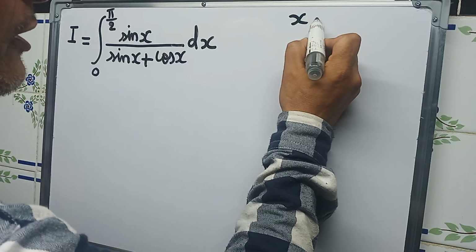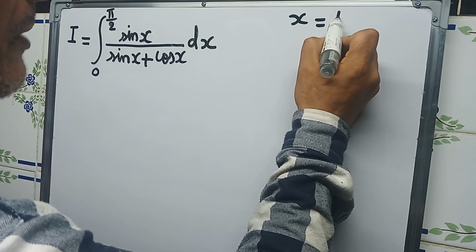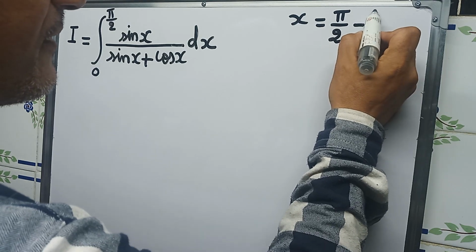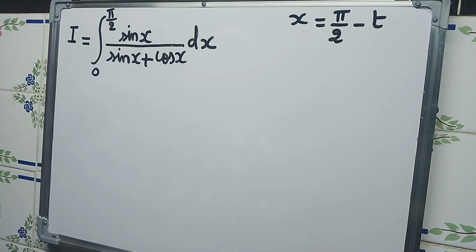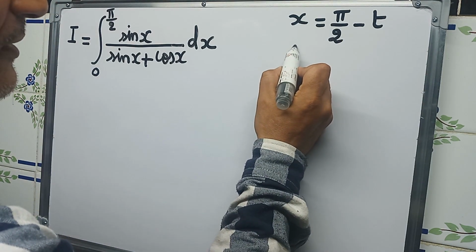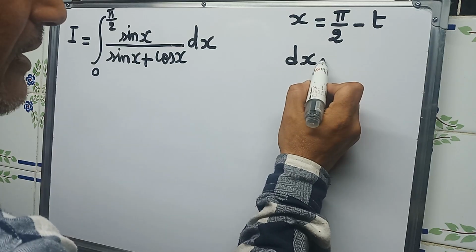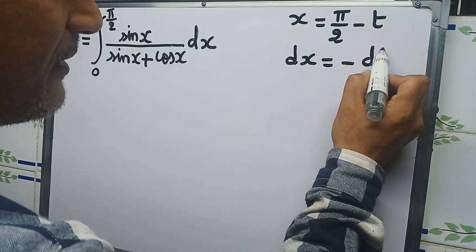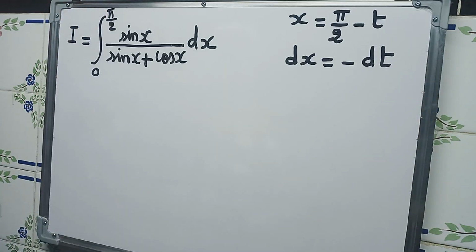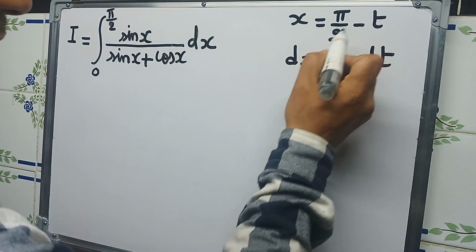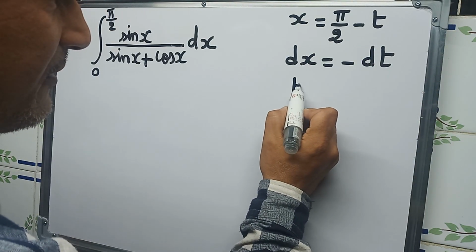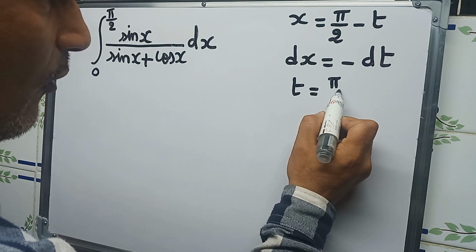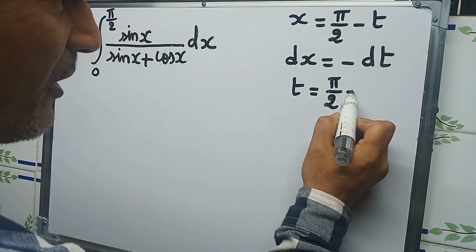x equals pi over 2 minus t, meaning, of course, that dx is equal to minus dt. And of course, we also have t equal to pi over 2 minus x.